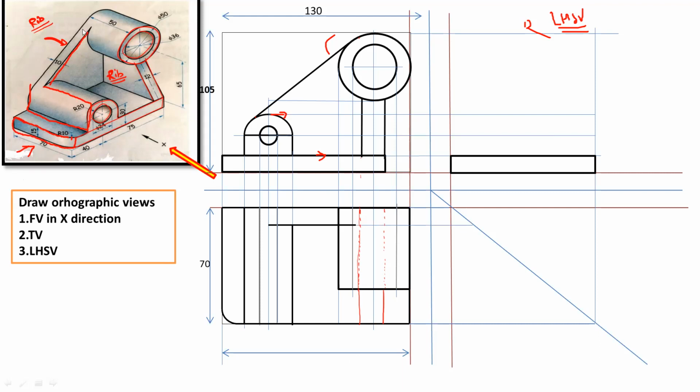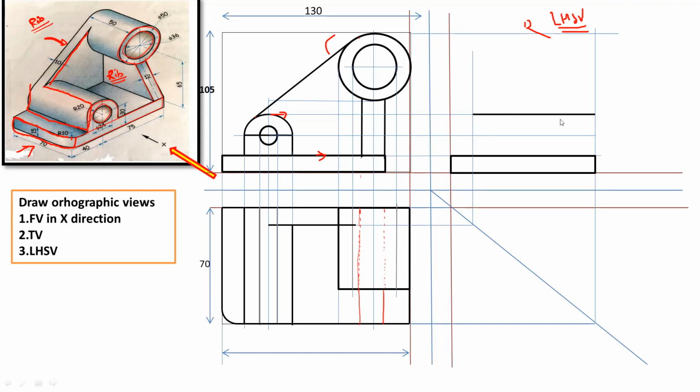Now for this rib, you will observe one rectangle having the width 10 mm. So take the projection from the top view and project this vertically. Okay. And on this line, you can draw one vertical line. So that will represent the side view for this rib.